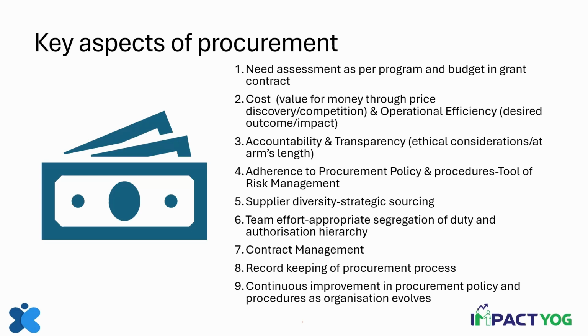Otherwise, once the product gets distributed, the beneficiaries are going to come back. Or if it is for a state government program, the state government is going to come back and say you purchased inferior goods and you have distributed inferior goods. Then your accountability is questioned. Transparency means the entire process has to be such that there is no interest, that we can see it like a glass, see through.